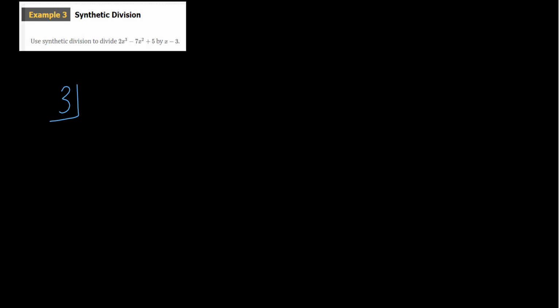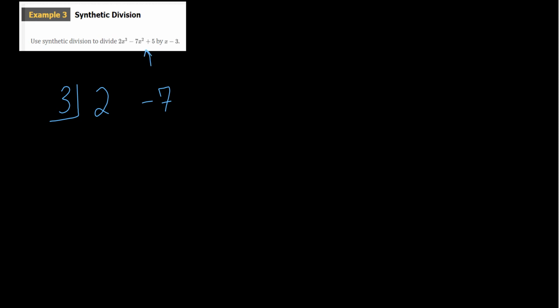Descending according to my degrees, not descending in terms of like 10, 9, 8, 7, 6, 4. So we're going to write 2 for x cubed, and we have -7 for the x squared. But we don't have anything for an x, do we? There is a missing x.